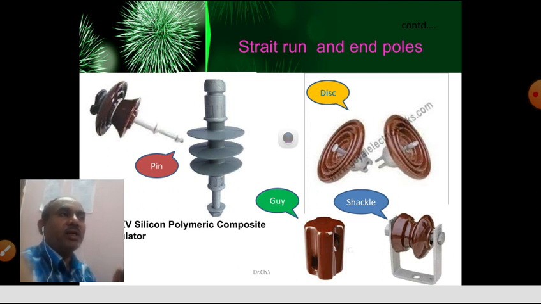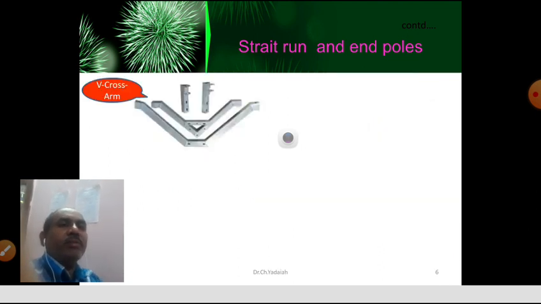If it comes directly to the ground, and any person or animal touches it, there is a possibility of electrical shock. To avoid that leakage current, we provide isolation in between, using the guy insulator. Guy insulators are mechanically very strong. These are the different types of insulators you might have already seen. Now we are going to use them in our estimation.